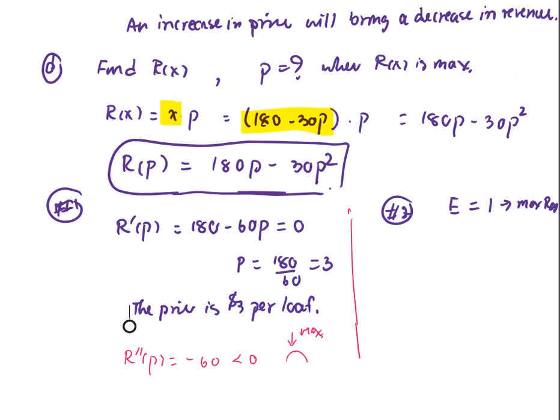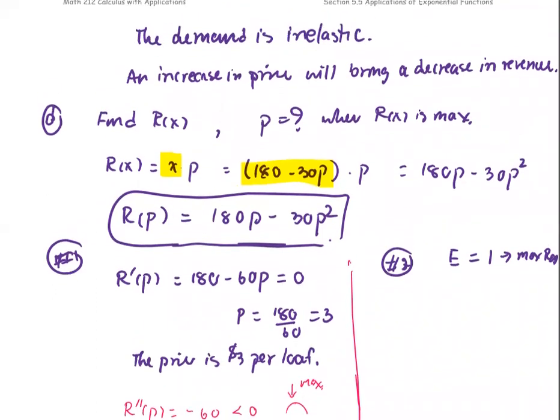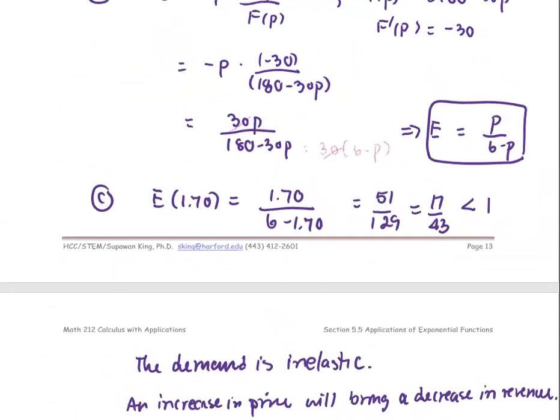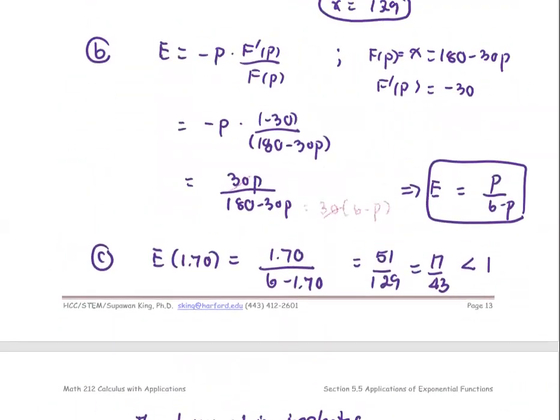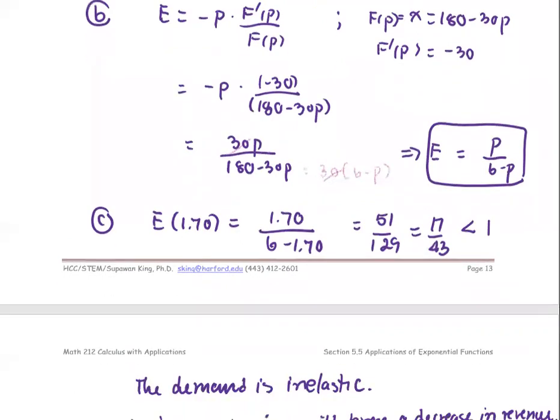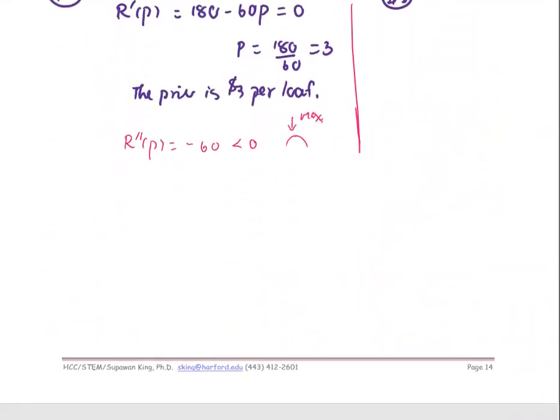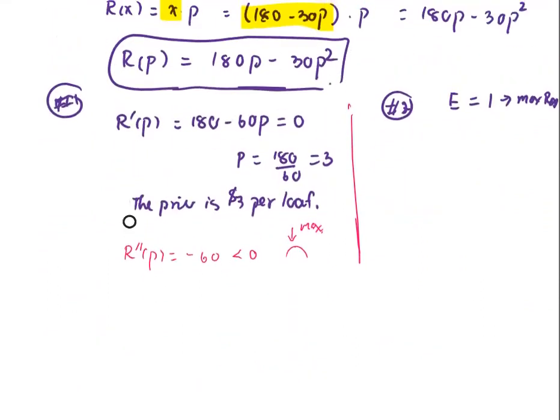For the second option, if you use elasticity equals 1, or the unit elasticity, from the formula that we obtained in part B, the elasticity is E equals p divided by 6 minus p. And let it be 1. So 1 equals p divided by 6 minus p.